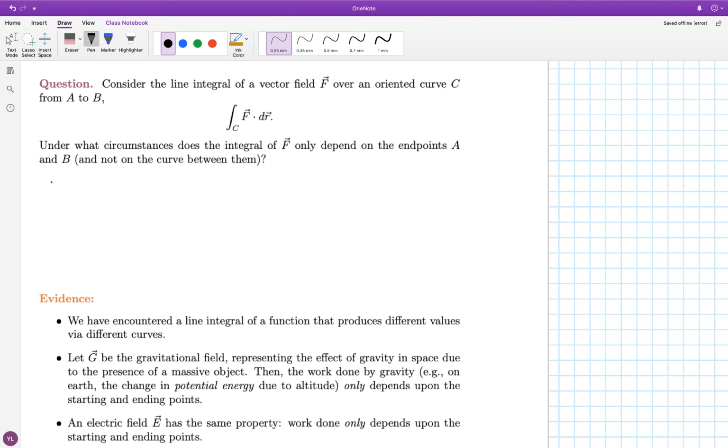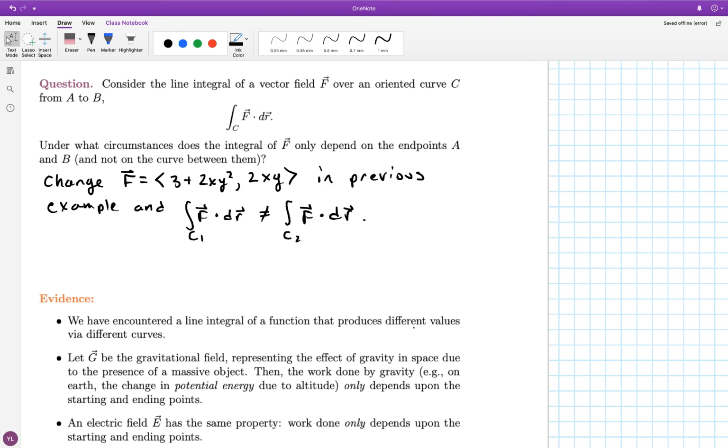So, for example, if I changed f in the previous example from 3 plus 2xy squared, comma, 2x squared y, to something else, you can go through the previous two line integrals over C1 and C2, and you'll get different values.